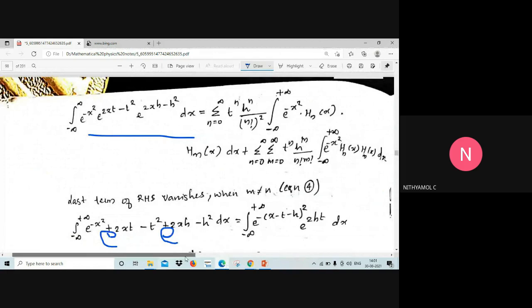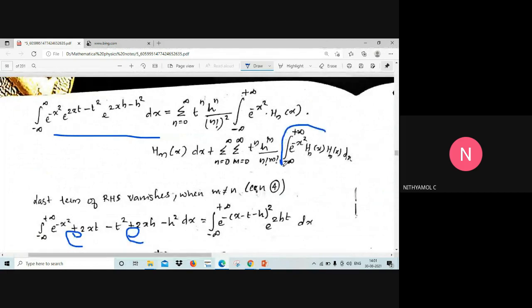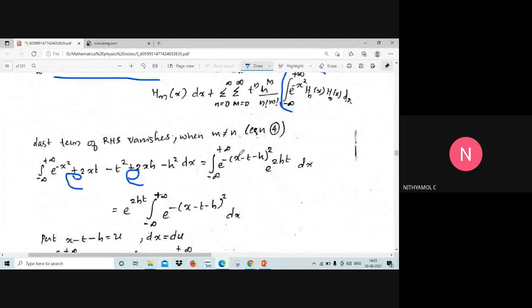But in this case, the part with m not equal to n is 0, because for m not equal to n, this part will vanish. The last term will vanish.